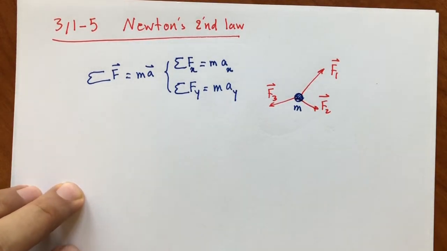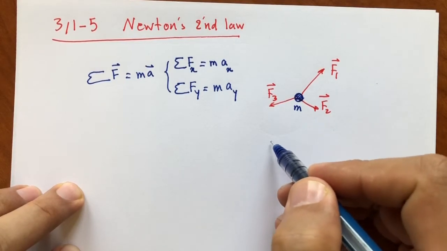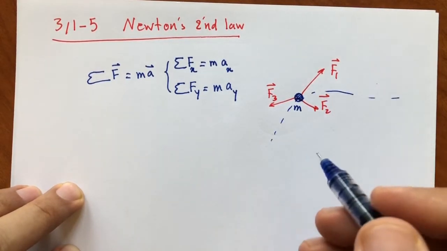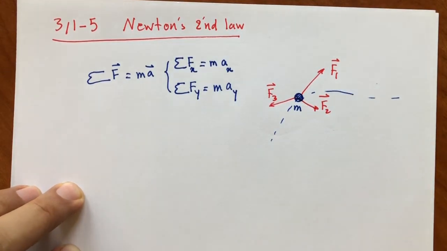For example, if you want to use normal-tangential coordinates, let's say this particle is moving on a curve, this is going to be your tangential direction, and the normal direction is going to be this.